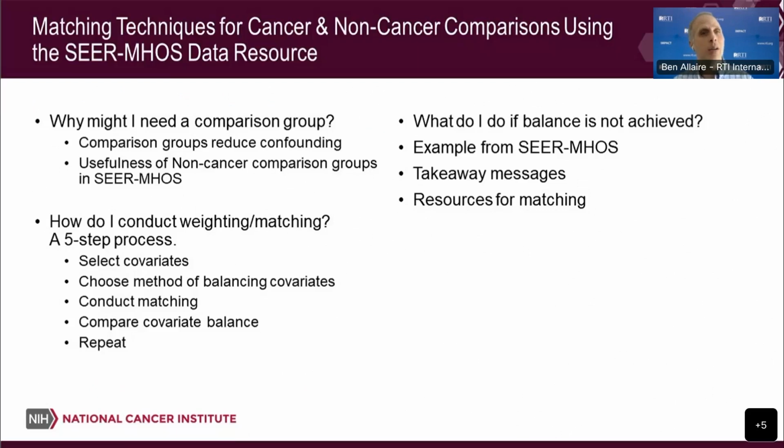Then we're going to spend the bulk of the time talking about what the processes are to go through matching. We've got a 5-step process that we'll walk through in terms of selecting covariates, choosing your method for balancing covariates, conducting the match, and then comparing the covariate balance, and then repeat, of course.